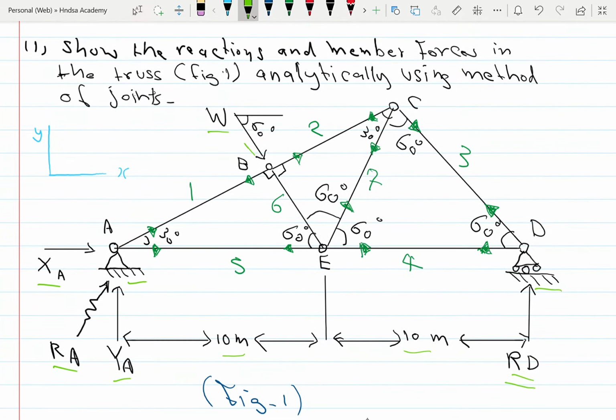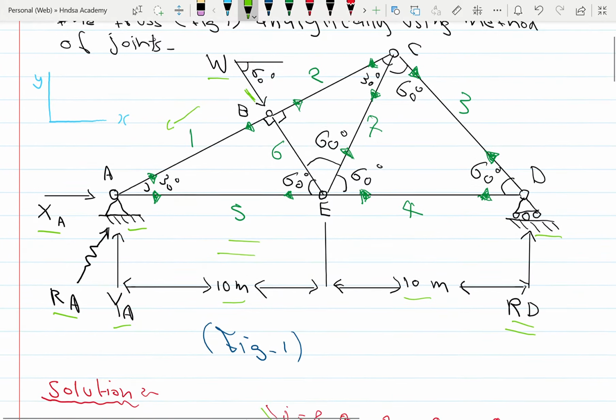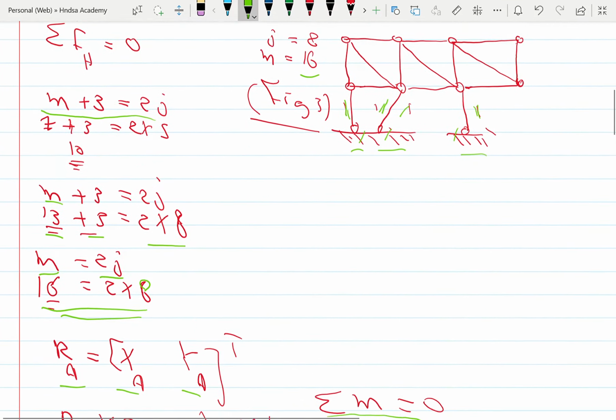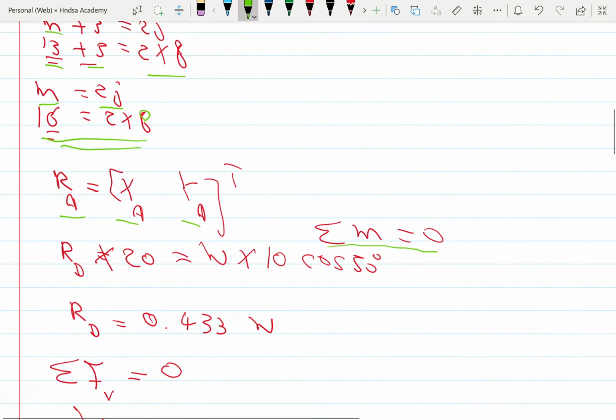This is the W. Because we know this is 10, but we don't know here the distance, we took the horizontal component of this distance, 10. So we use 30 instead of 60, the angle 30.